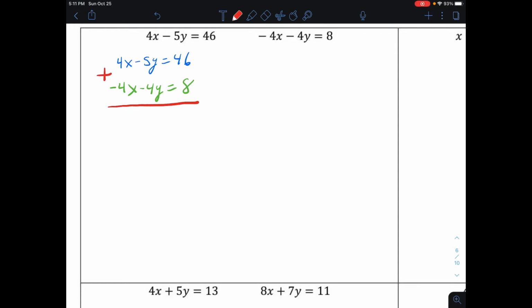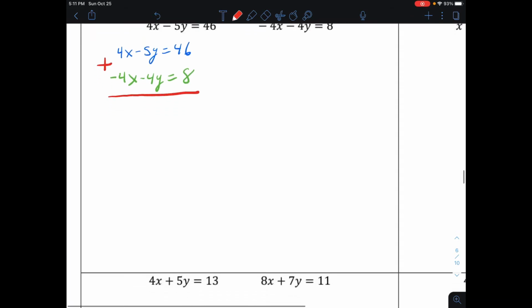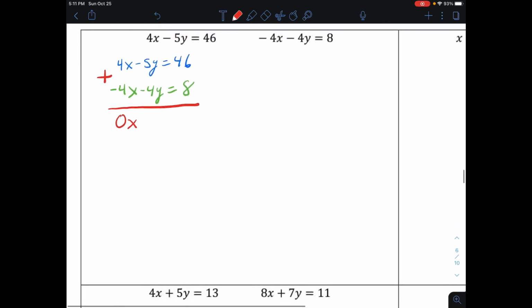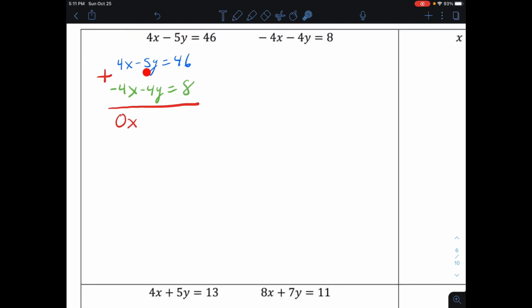Now when I add them, I'm going to add top to bottom. So 4x plus negative 4x makes 0x. And then negative 5y plus negative 4y gives me negative 9y, is equal to 46 plus 8, which makes 54.